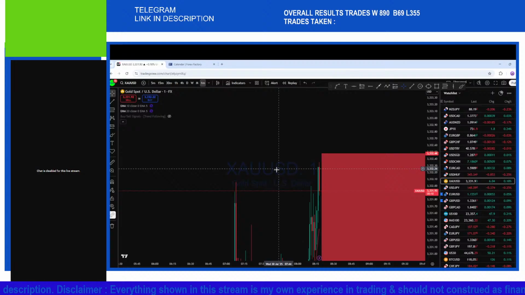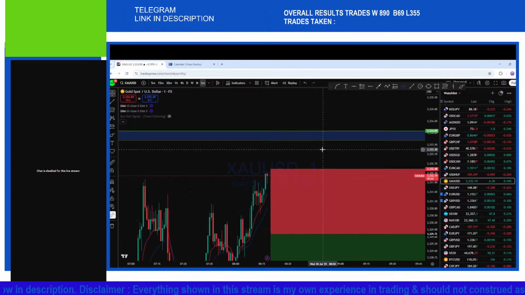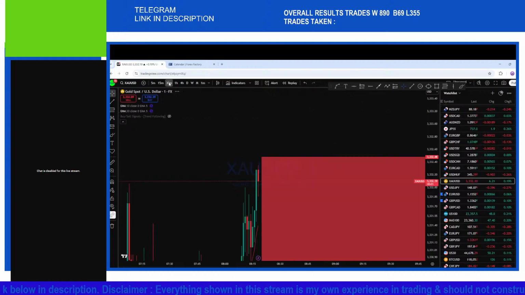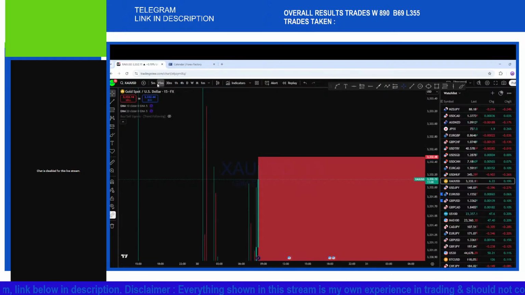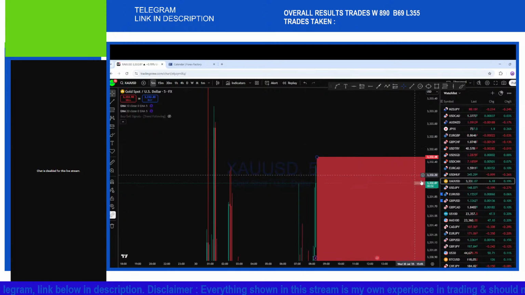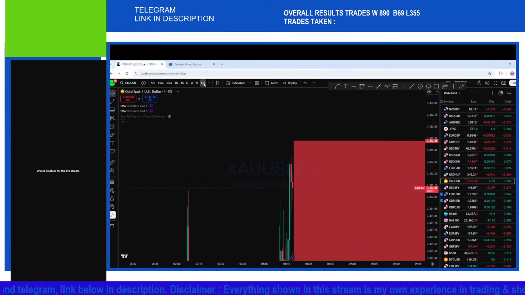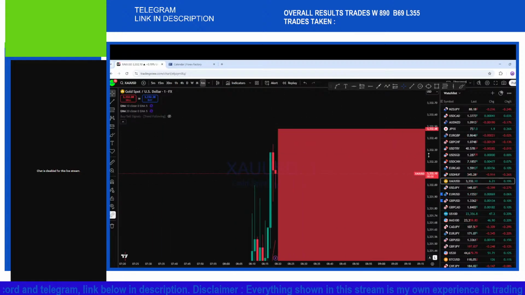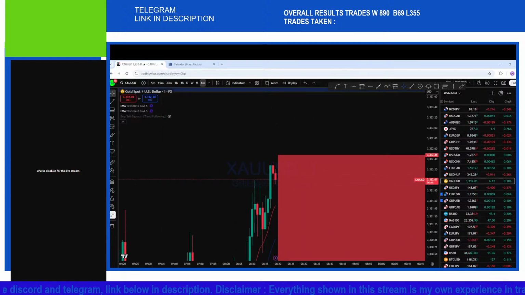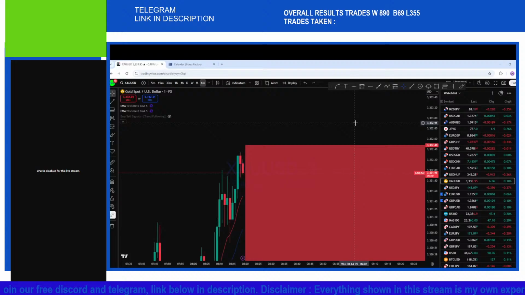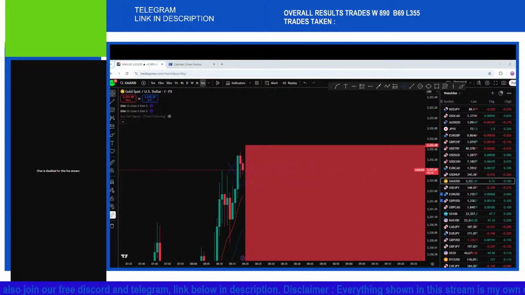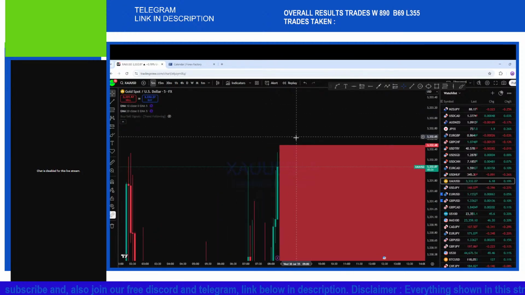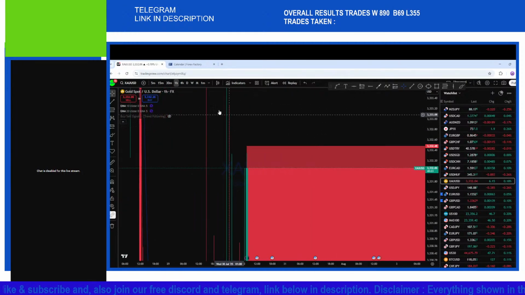The market is still getting that rejection in that area, and see the market is maintaining that consolidation pattern in this area.